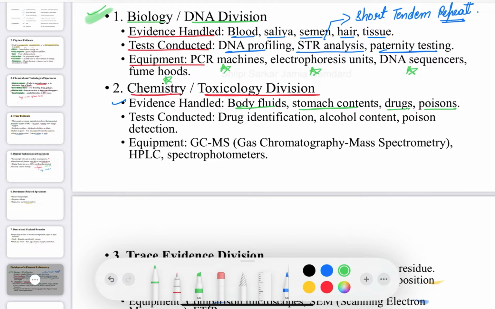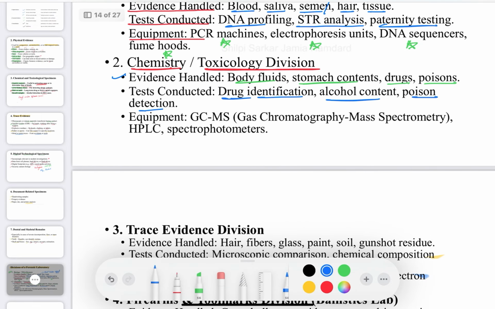What kind of test is conducted? Drug identification, alcohol content, poison detection. What kind of equipment is needed? GCMS, gas chromatography and mass spectrometry, HPLC, and spectrophotometers.